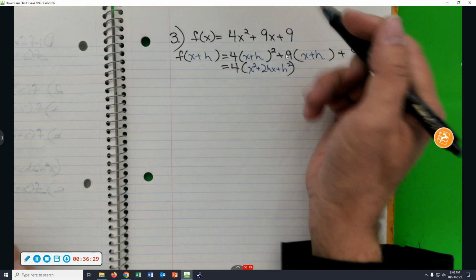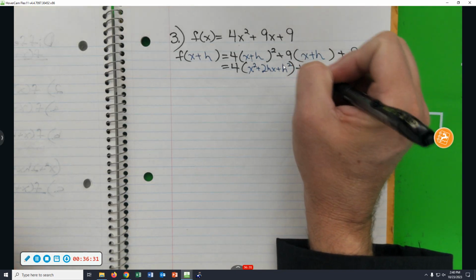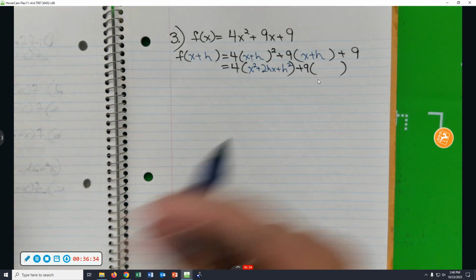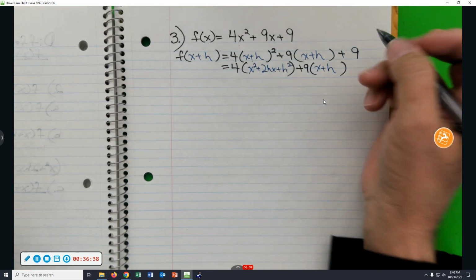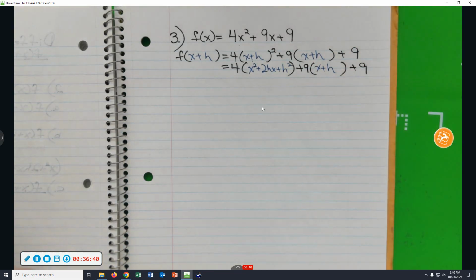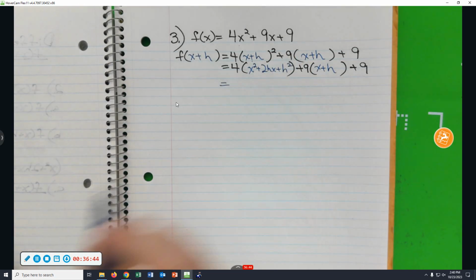And we still have that plus 9 times x plus h. If you want to go ahead and distribute the plus 9 right now, you could. I think you're going to wait and distribute all at once. But you could have distributed it right there.